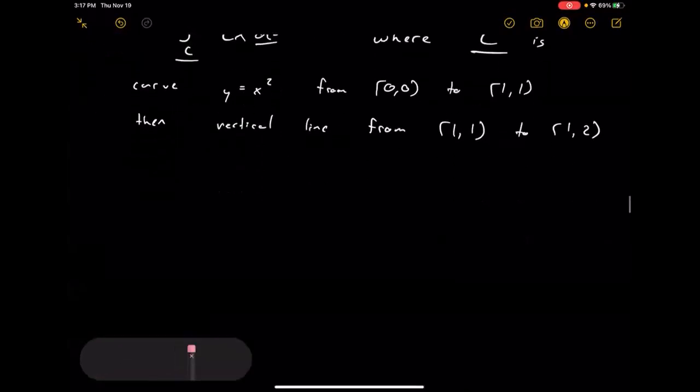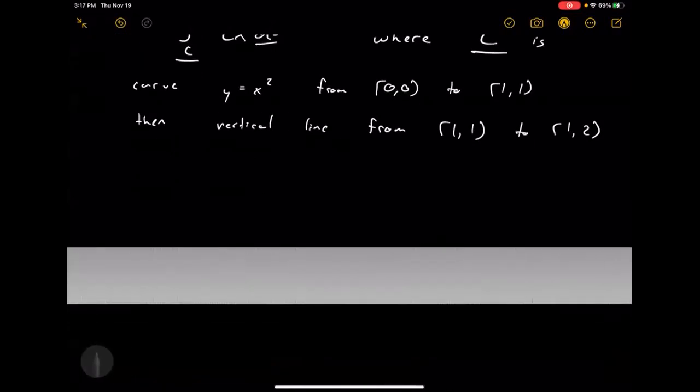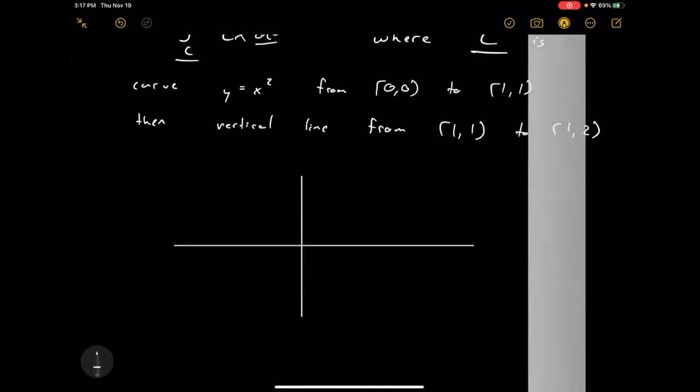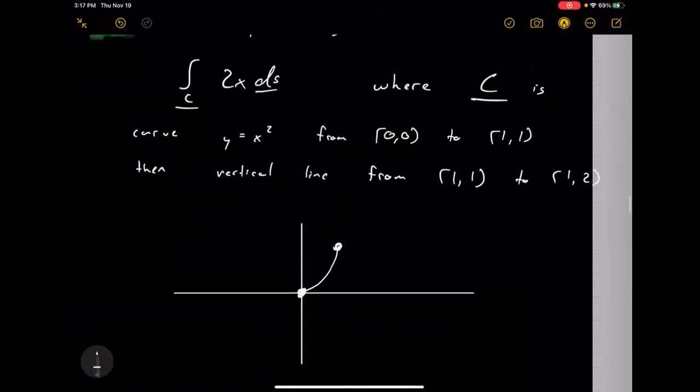Okay, so let's draw our curve. y equals x squared from 0, 0 to 1, 1 would look roughly like this. We have 0, 0 here, 1, 1 here, and then the vertical line segment from 1, 1 to 1, 2.